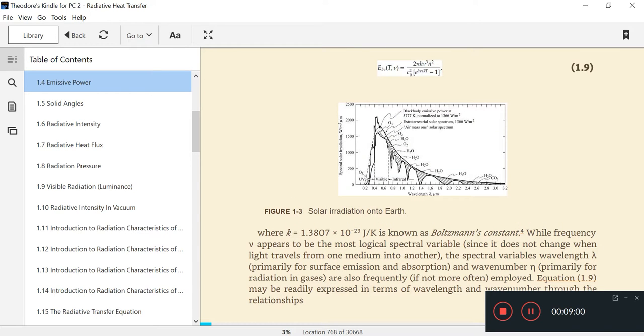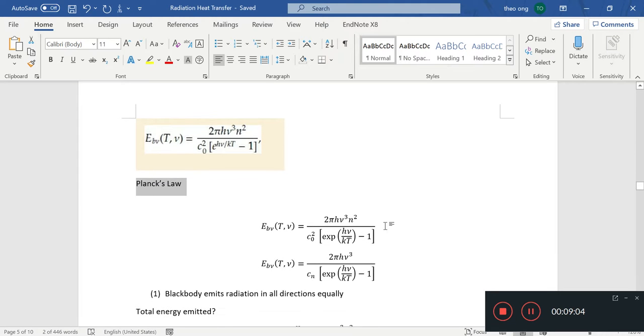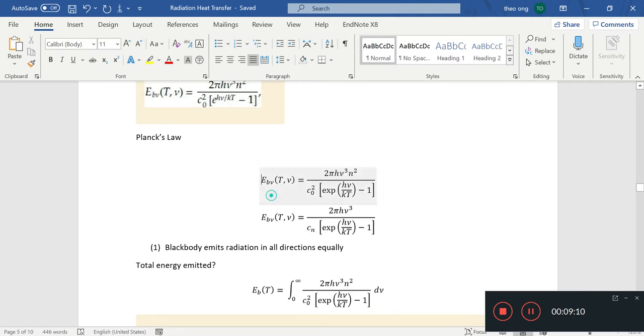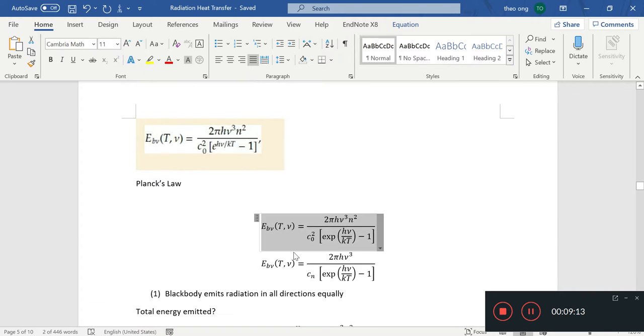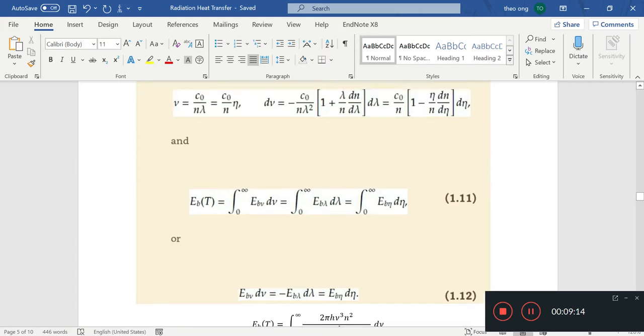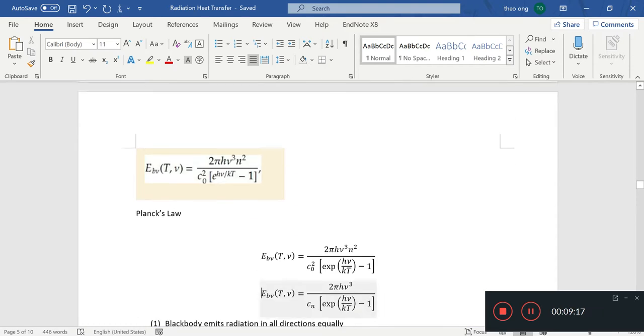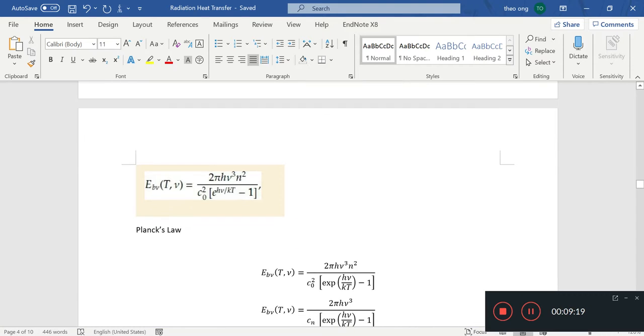Let's take a look. I've written some stuff here. Basically, I've just rewritten the formula here. So what am I writing here? I'm just rewriting the formula that I have stated above.